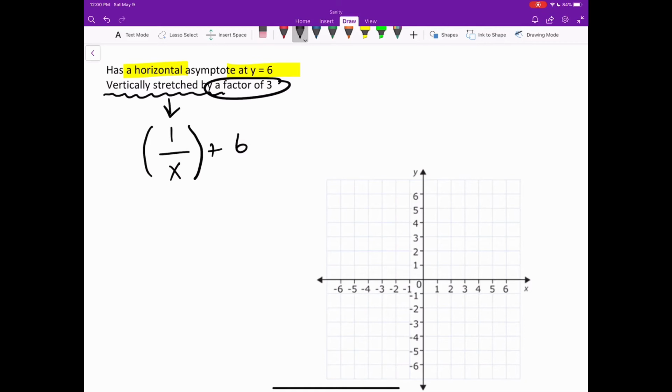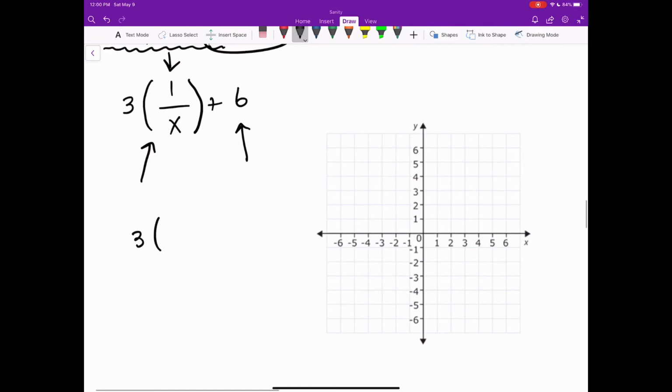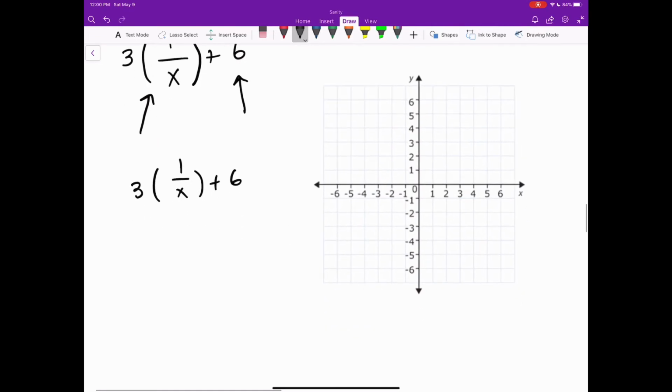This inside thing, I'm just multiplying that by 3, and that's going to vertically stretch it. Again, this is your vertical shift, just shifting up and down. But when we're multiplying, we're just multiplying to that original part, if that makes sense. So you could write your function as 3 times 1 over x plus 6, or you could write it as 3 over x plus 6. Either way works. It's totally fine.